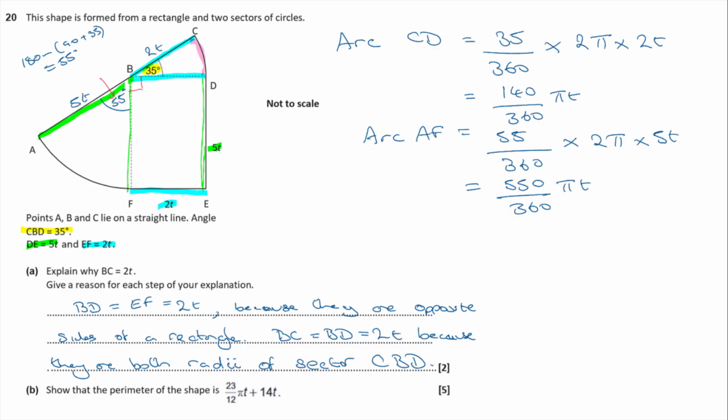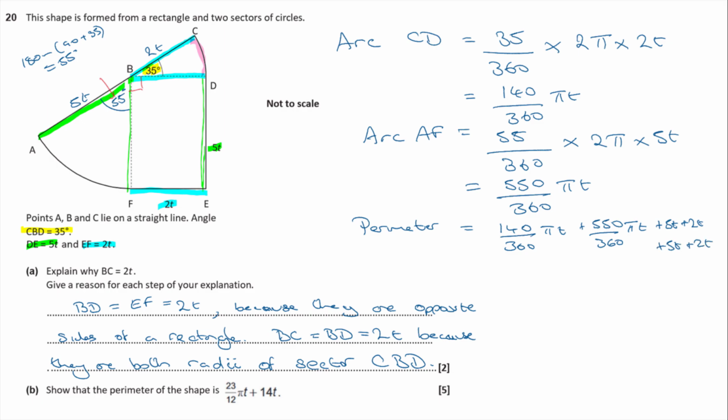And then the perimeter is going to be all those sides added together. So I've got my two arcs, which are 140 over 360 pi t, plus the other one, which was 550 over 360 pi t, plus we've got two green lines and two blue lines, haven't we? So we've got plus 5t plus 2t plus 5t plus 2t.